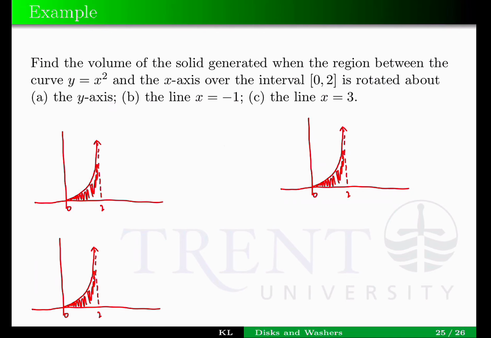So y-axis is this axis here. So the axis of revolution will be this one here. Notice, since the axis of revolution is vertical, the strips must be horizontal. After revolving, you will be able to create a washer.